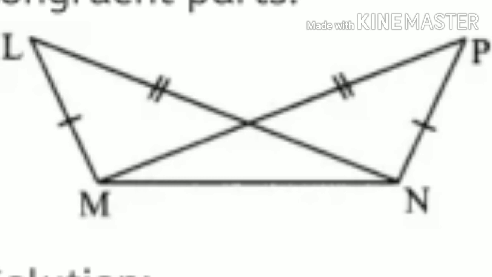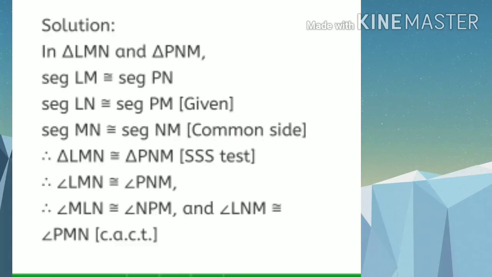Side MN lies in triangle LMN also, and side MN lies in triangle PNM also. So side MN is the common side of these two triangles. So these two triangles, that means triangle LMN and triangle PNM, are congruent by SSS test of congruency. So write the solution.